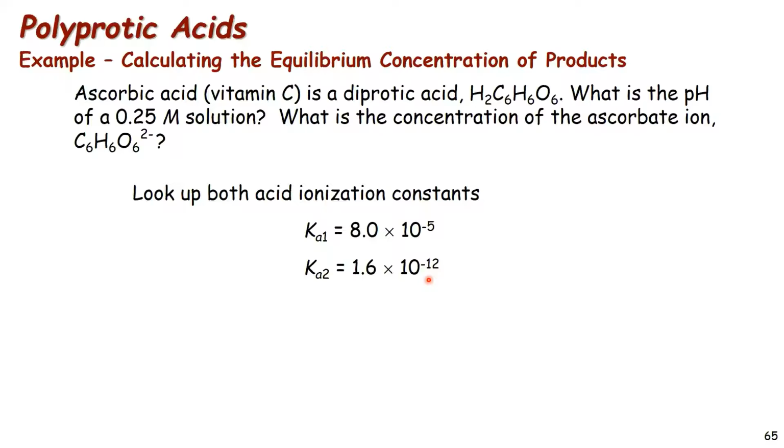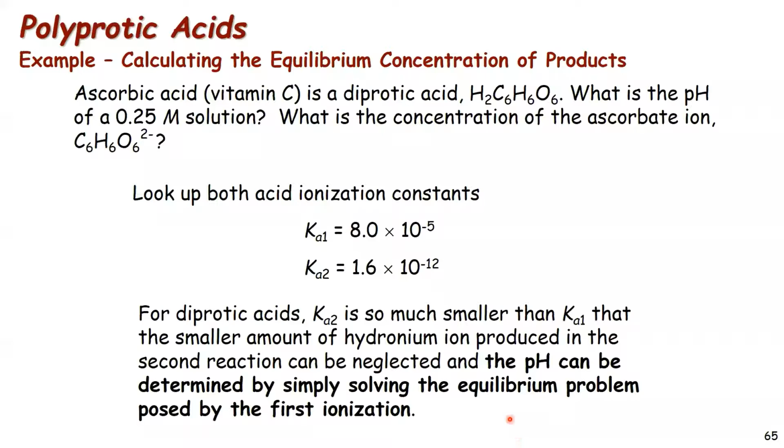So that's 100 million times weaker than the first. Okay, so again, like I said, the pH can be determined by simply looking at the first Ka, because this one's so small, it's not increasing the hydrogen ion concentration within our uncertainty.